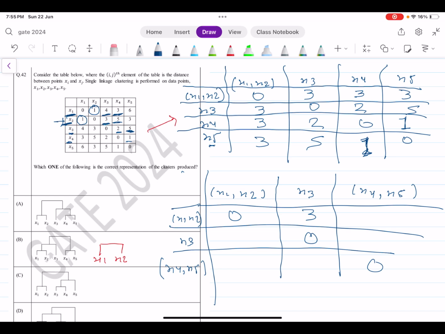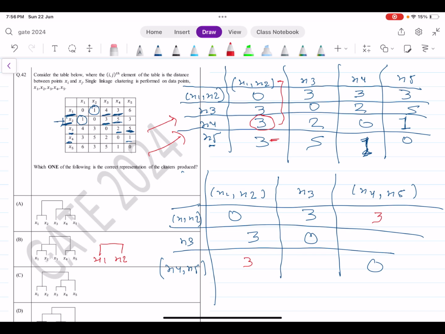That is 0 only. And then these distances, because we have created this new x4, x5 cluster: x1, x2's distance with x3, that will also remain the same. What will change? x4's distance with x1 and x2 was 3, and x5's distance with x1 and x2 was also 3, so it will be 3 only.